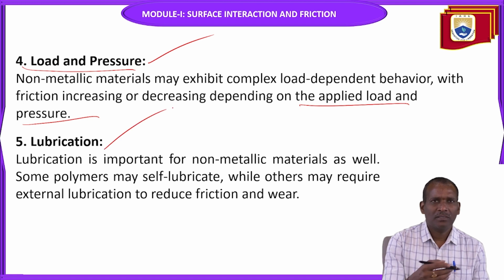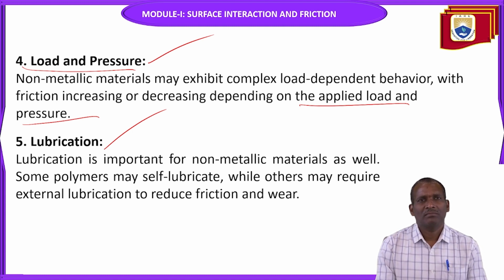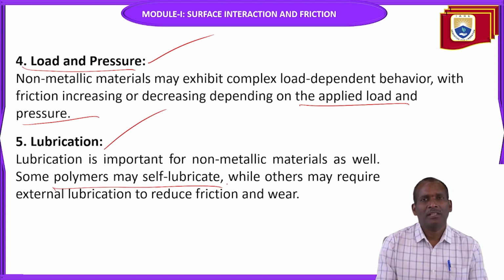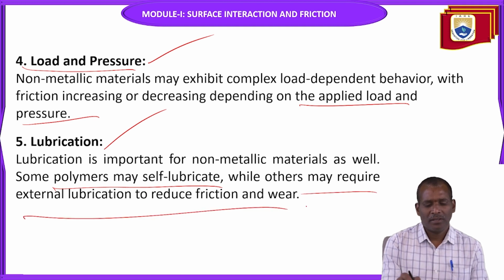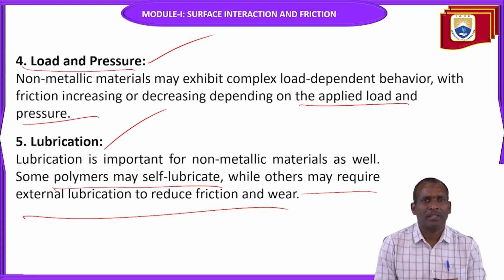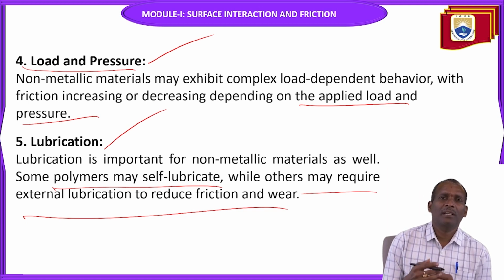Next, lubrication, same as in metallic materials. Lubrication is also important for non-metallic materials. Some polymers may self-lubricate, while others may require external lubrication to reduce friction and wear. Some polymers have self-lubrication, so there is no need to use a separate lubrication system; the material itself gives the lubrication property.